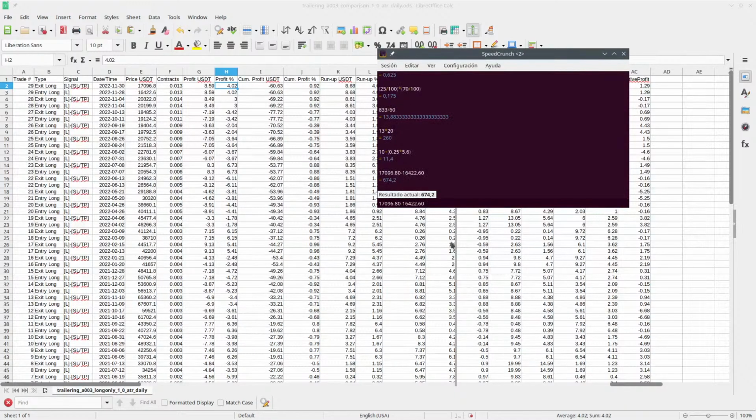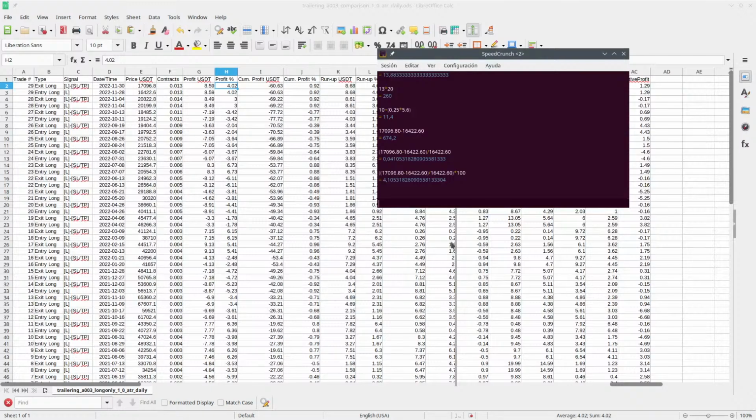This is what you win with the long trade, and this is a 4%.